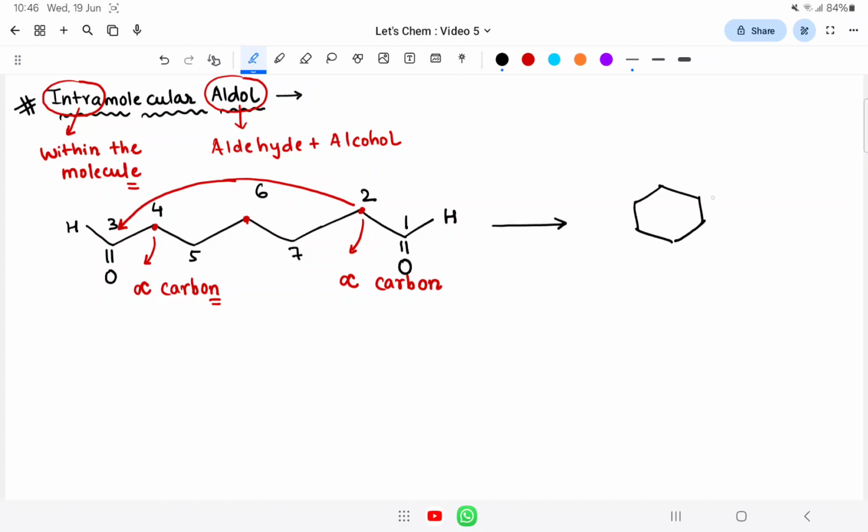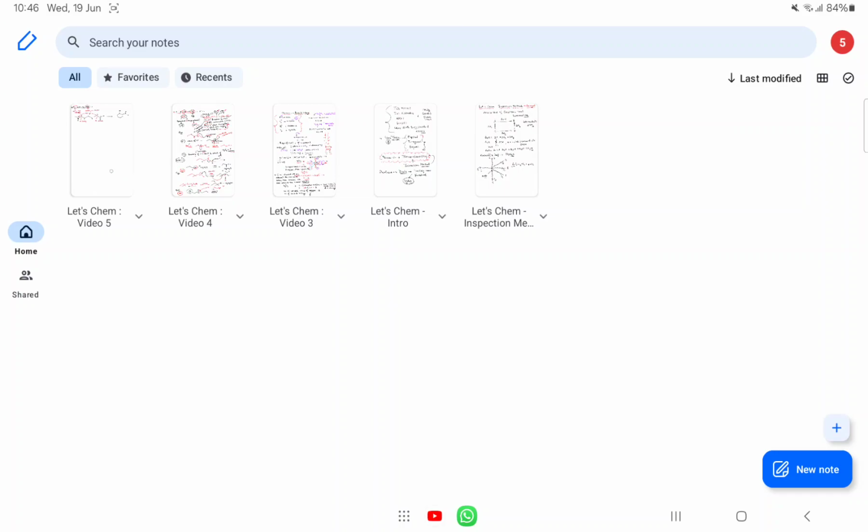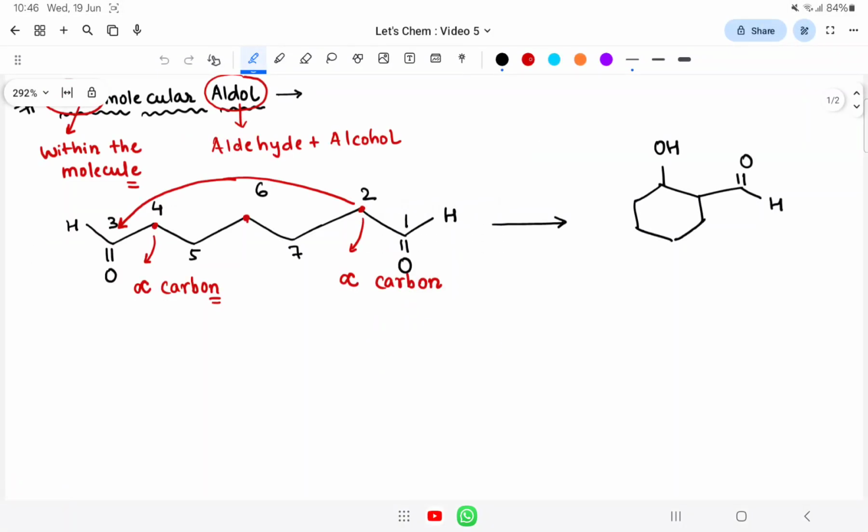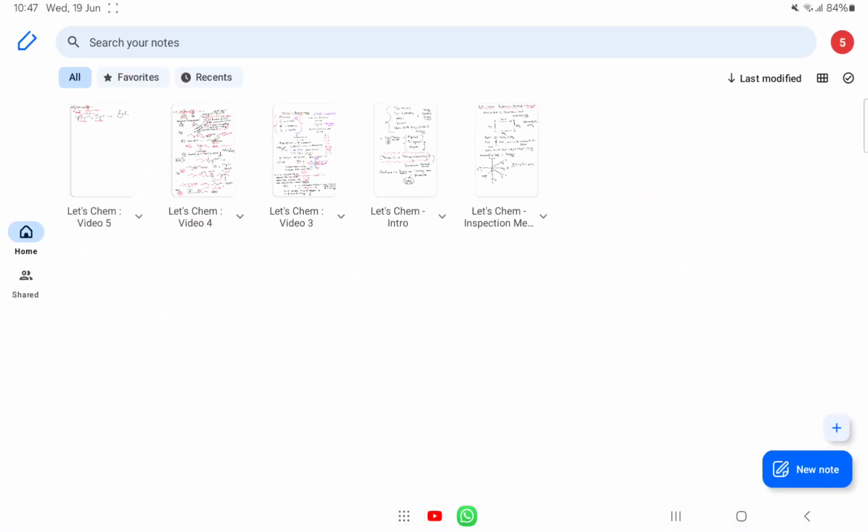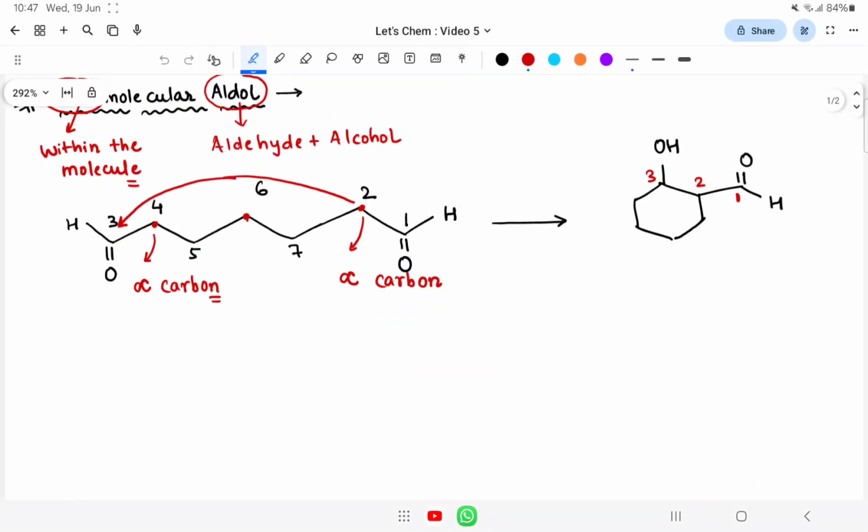You'll get a ring like this. So you'll get your first carbon here, second, third, fourth, fifth, sixth, and seventh.